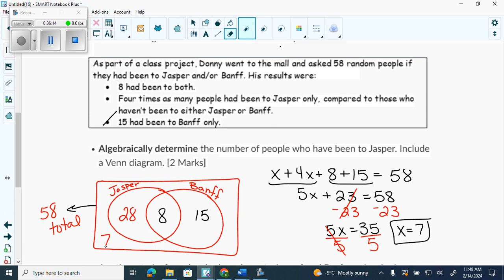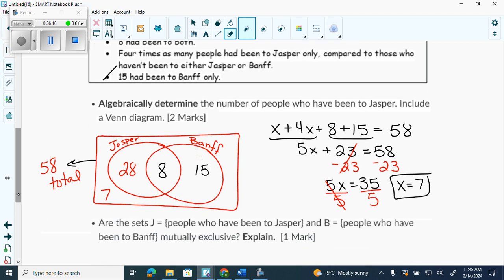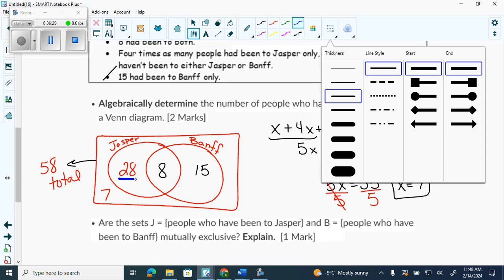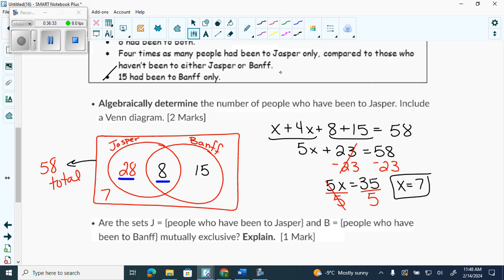So algebraically determine the number of people who have been to Jasper. What do we do? That's an eraser. We don't just write, we don't just underline, we don't just leave a Venn diagram for Mrs. Lepp to interpret and figure out that it's 36, which is what you guys do all the time.